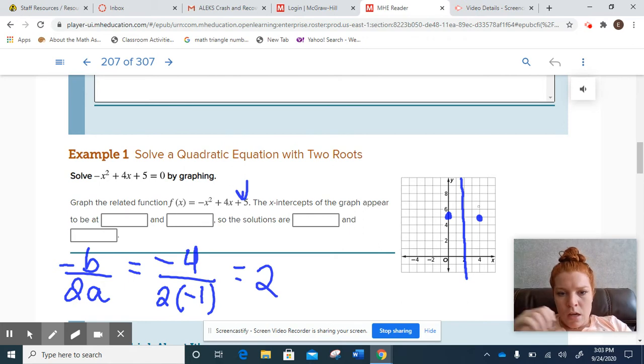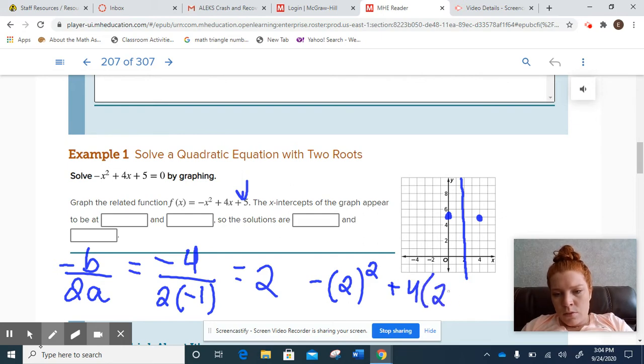let's see, I want to do the vertex next, which I don't know if it's going to help me find the roots or not, but we got to graph the whole thing to see where it's landing. So plug the 2 back in, I get negative 2 squared plus 4 times 2 plus 5.